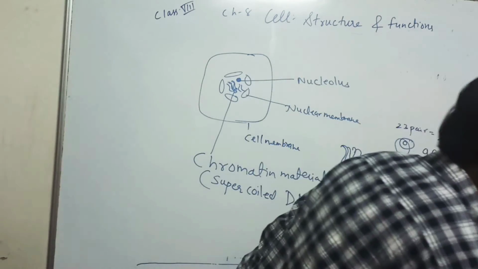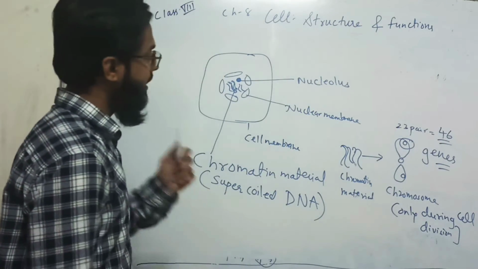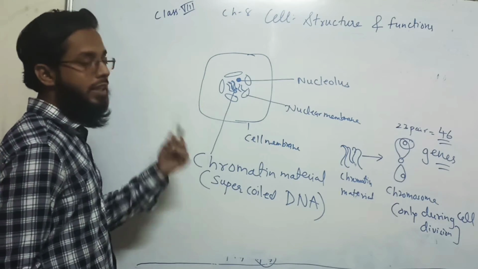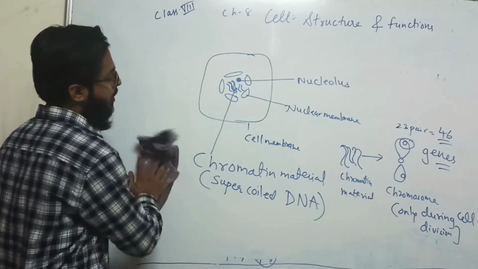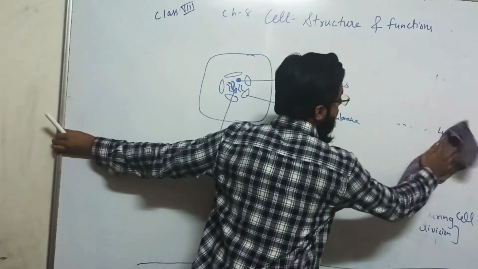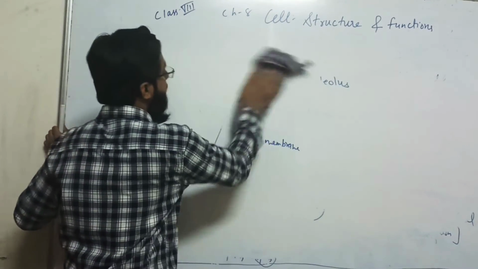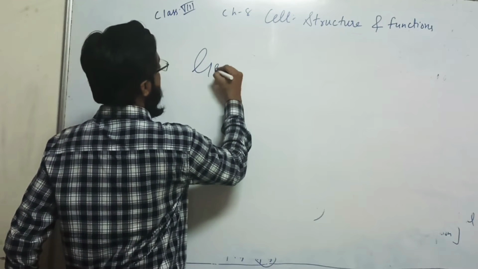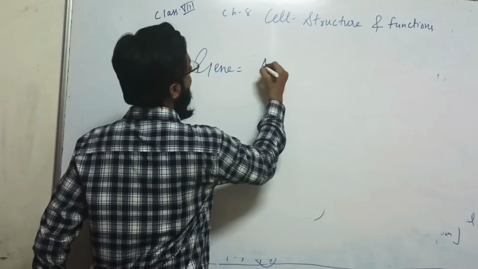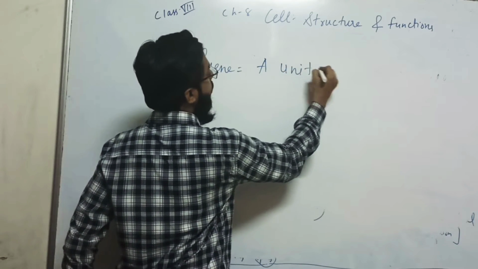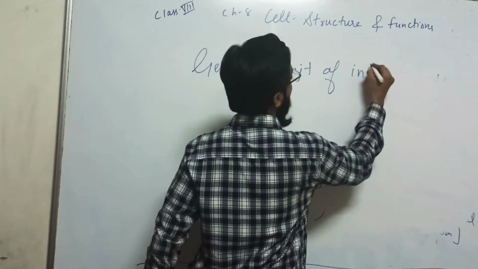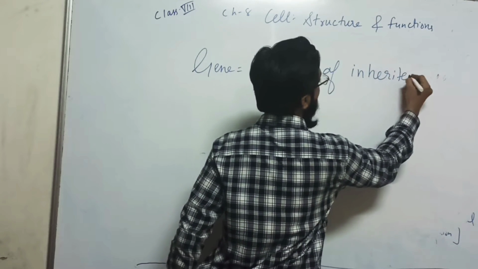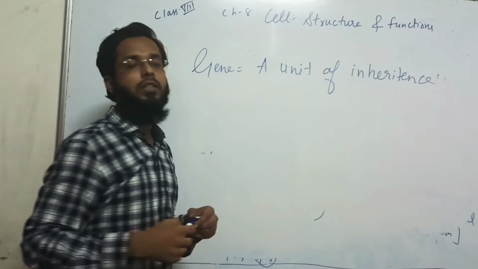Now, at your level, how can we define a gene? I hope you understood what a gene is and where it is present. Now let me define gene for you. A gene is a unit of inheritance. What is inheritance?